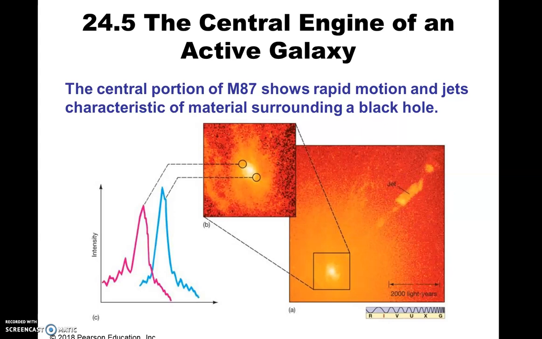We made this proposal that we would be able to use basically a radio baseline the size of the Earth, with all these different radio telescopes. You can't build a radio telescope the size of the Earth, but you can have individual ones scattered all over the Earth and aim them at the same object, and that basically acts like a giant telescope.